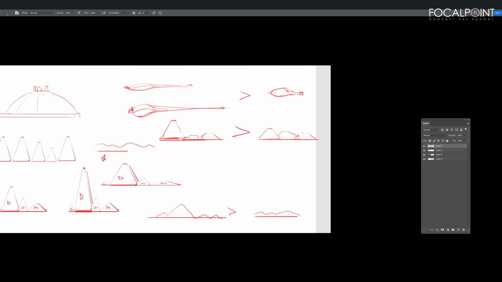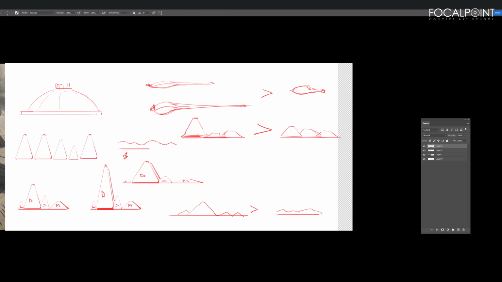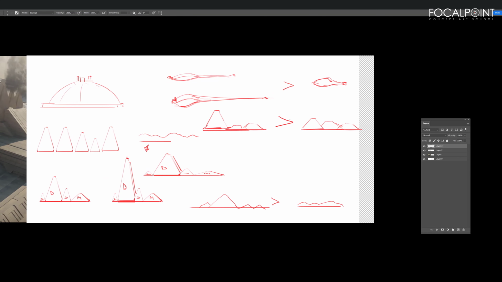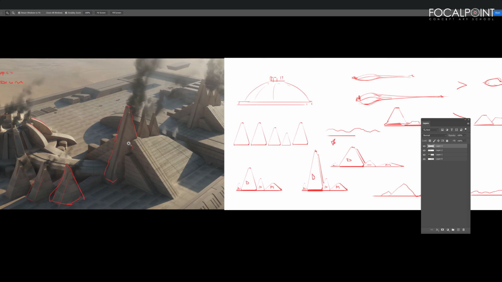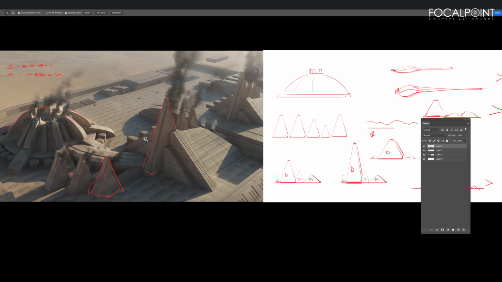So this will always have more appeal, more edge, more definition. So that's exactly how we can treat this one.